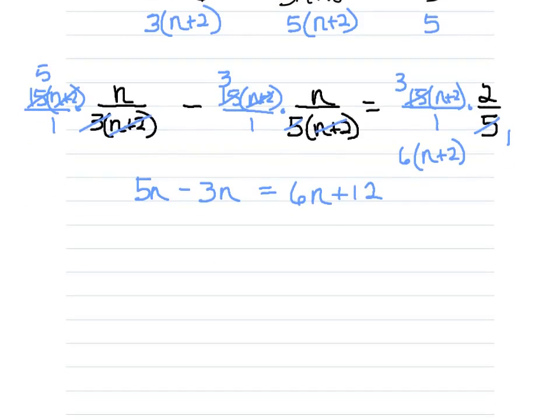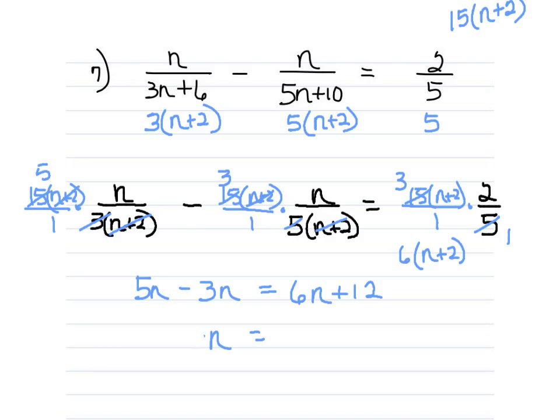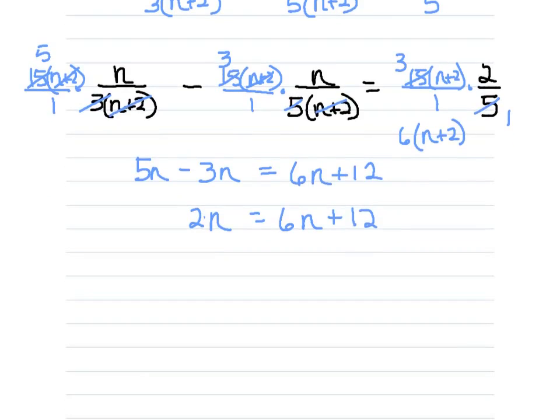Let's simplify. 5n minus 3n is 2n equals 6n plus 12. Subtract 6n from both sides. I have negative 4n is equal to 12. Let's divide both sides by negative 4, and n equals negative 3.